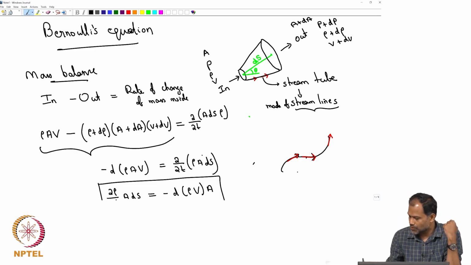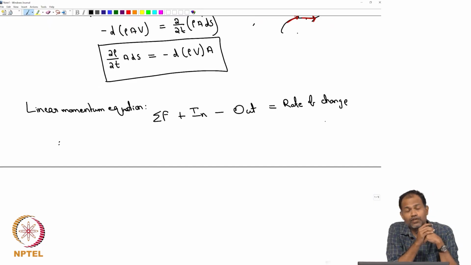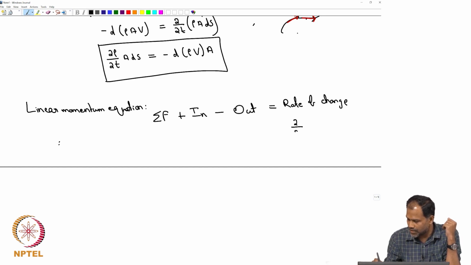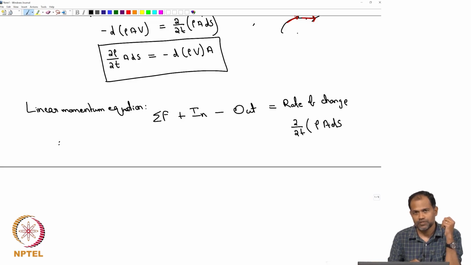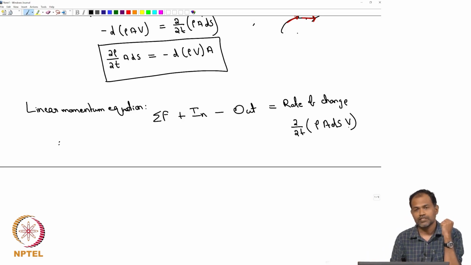Let us start with the right hand side. The rate of change of momentum can be written as del by del t of the momentum of the fluid. So, that is mass, that is density into volume times V. So, that is the rate of change of momentum in that volume, that is equal to the differential of the momentum in minus momentum out.